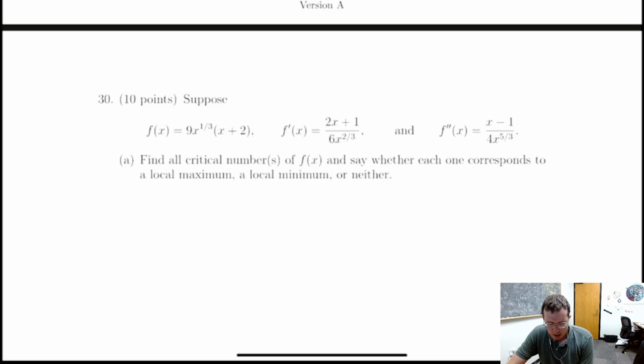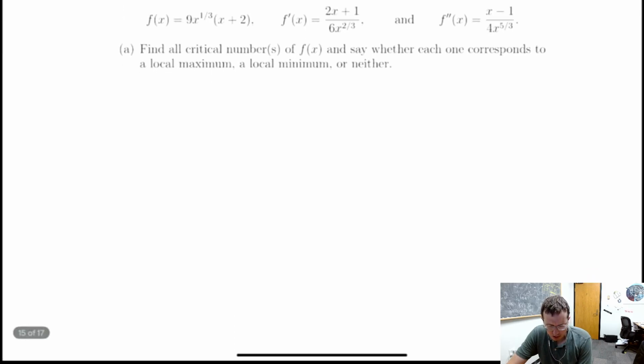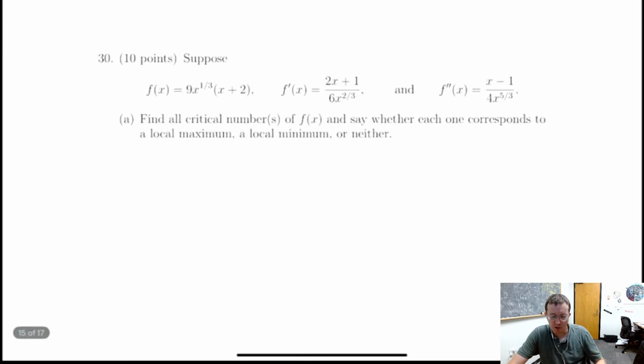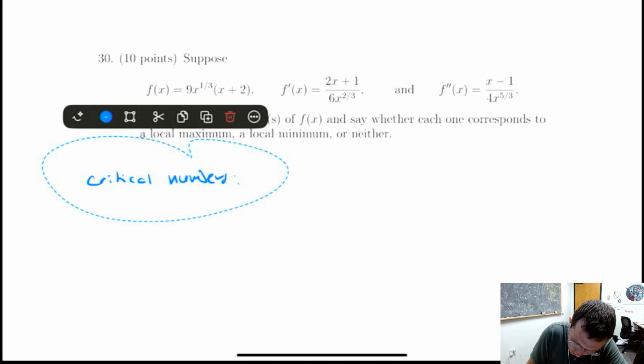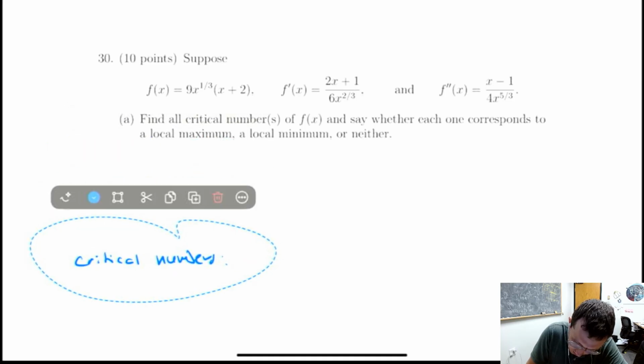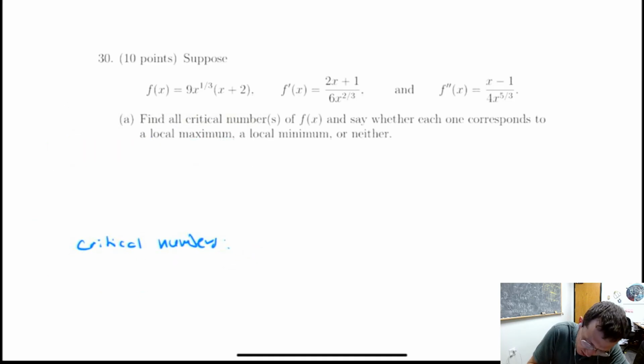All right, find all critical numbers, and we're going to classify them as local minima or maxima or neither. Critical numbers happen when the first derivative is 0 or undefined.